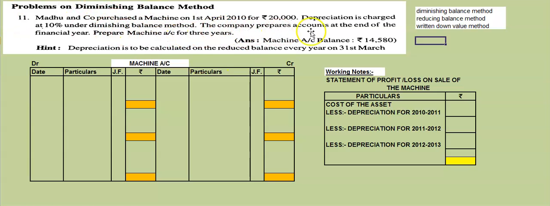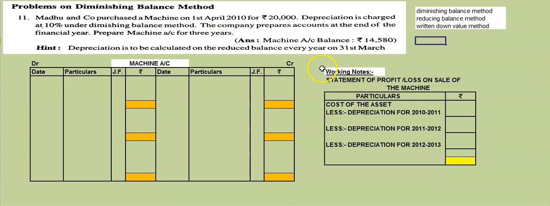The company prepares accounts at the end of the financial year. Which year are we following, calendar year or financial year? We are following the financial year. Financial year means it will start from April and end on March every year. Prepare machine account for 3 years.